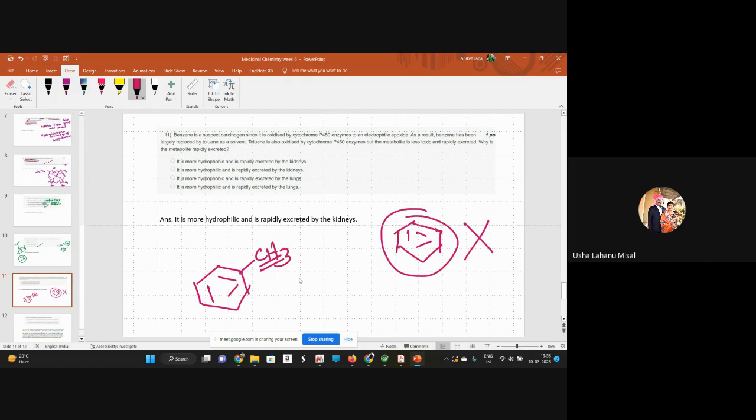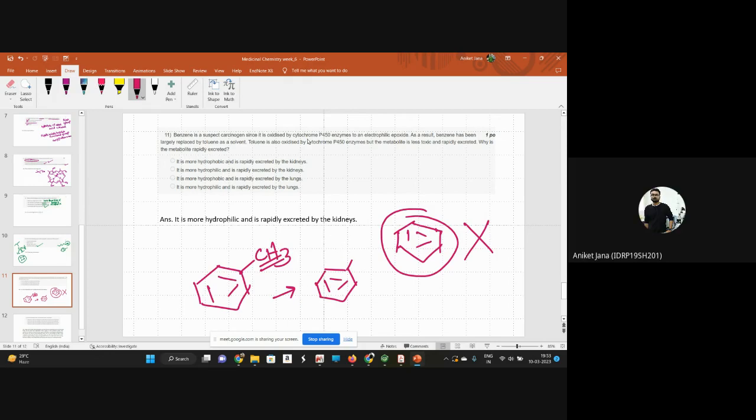Toluene is readily metabolized by cytochrome P450. To what? What is the metabolite formed? Any idea?